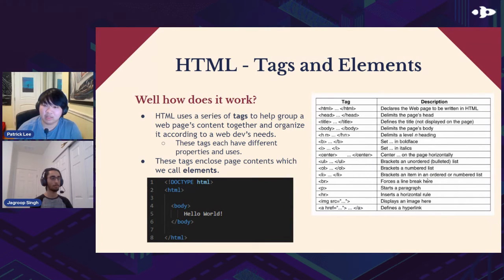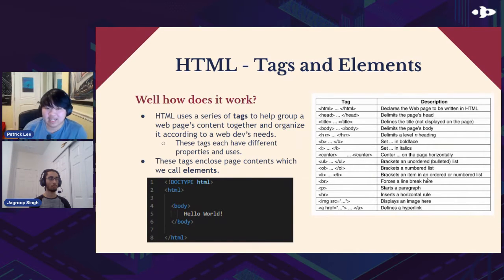With HTML, we organize the data on a page using tags. We contain the content of a page in tags, and whenever we have a tag and some content, we call that an element.